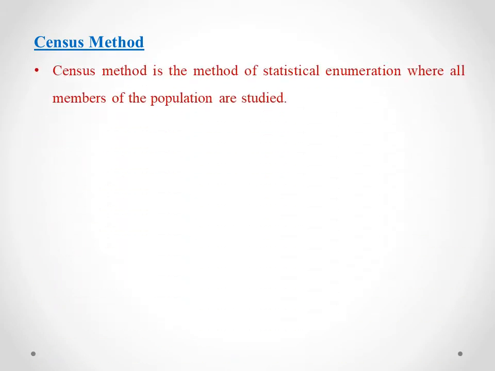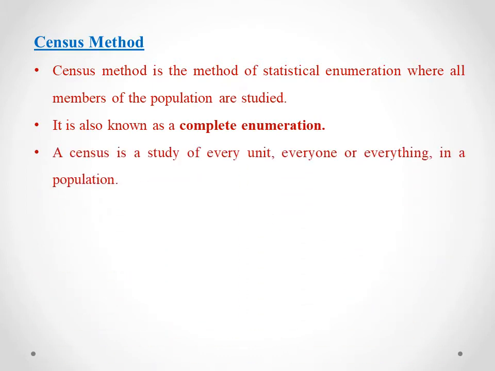We will see about the census method. Census method is the method of statistical enumeration where all the members of the population are studied. It is also known as complete enumeration because all the members are included. A census is a study of every unit, everyone or everything in the population.